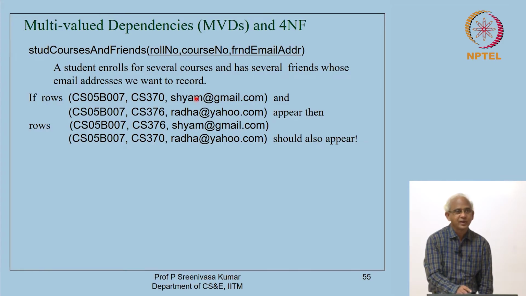This would imply that my doing this course has something to do with having a friend by name Shyam, or doing this course has something to do with having a friend called Radha. So, we very well know that these two things are independent things.